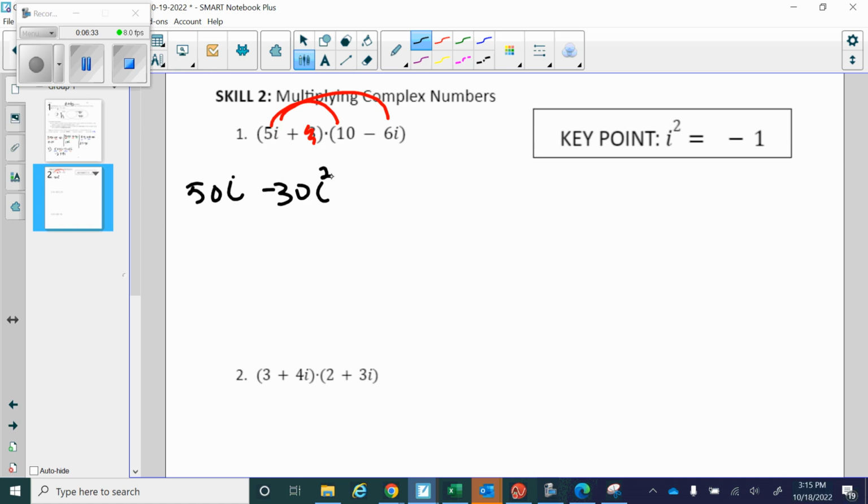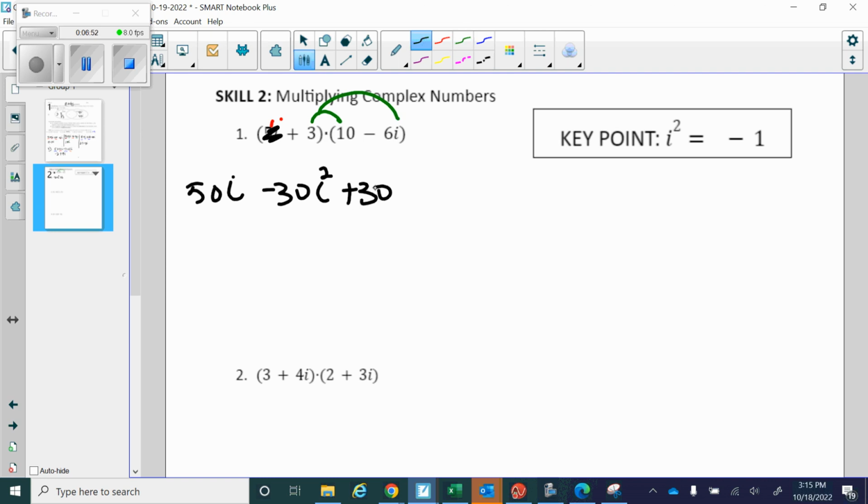So I just did distribution with the first term. I'm going to use the second term now. Let's suppose the 5i was not there. Let's distribute with 3 now. 3 times 10 is 30.